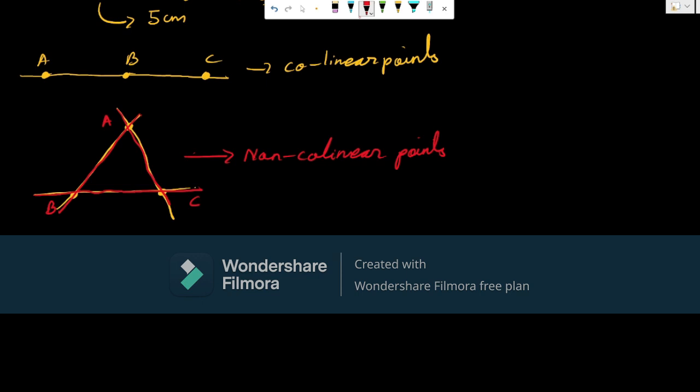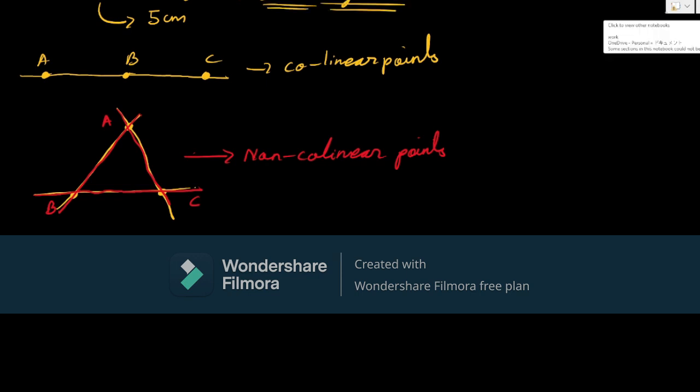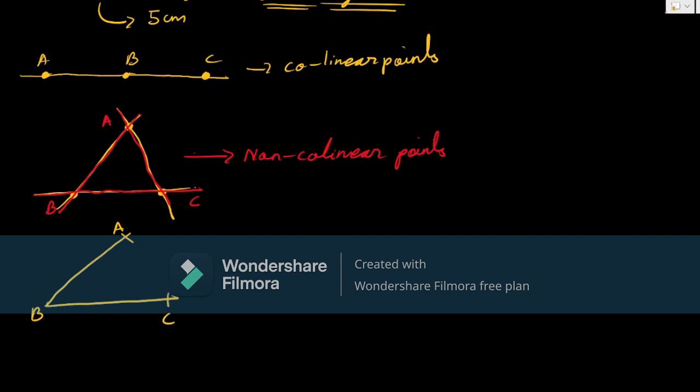Now let's talk about angles. Suppose I draw a figure like this. Suppose this is B, this is A, this is C. This angle that is formed here is called an angle, and this point B is the vertex.